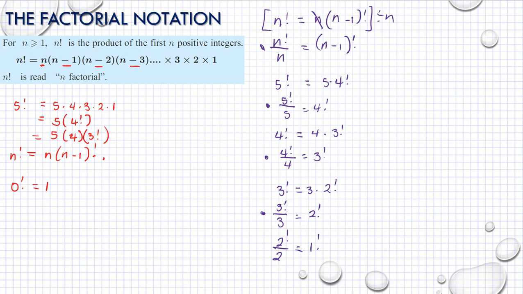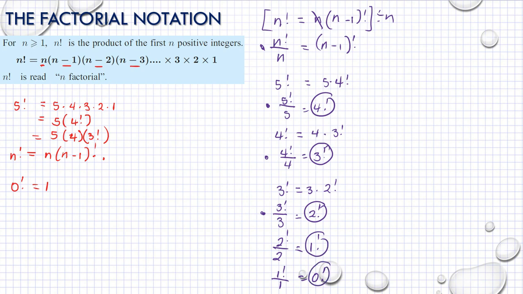What do we have now? 1 factorial divided by 1 is equal to 0 factorial. If we follow this: 4 factorial, 3 factorial, 2 factorial, 1 factorial, 0 factorial.